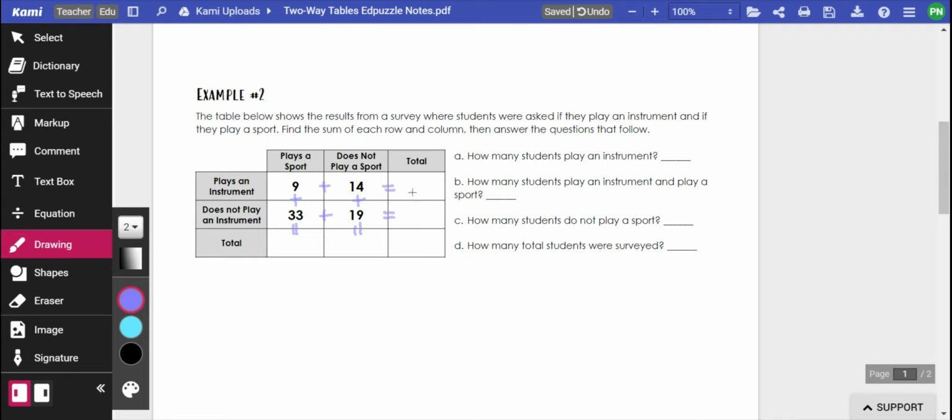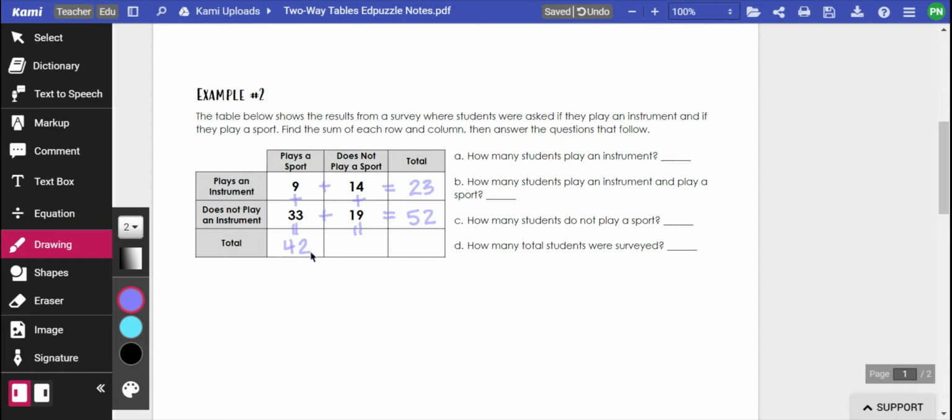So 9 plus 14 gives me a total of 23 students play an instrument. Doesn't matter if they play a sport or not. And then 52 students do not play an instrument. Now, if we look at how many of them play a sport, so now we're looking at this first column. So 9 plus 33 gives me 42 students play a sport.